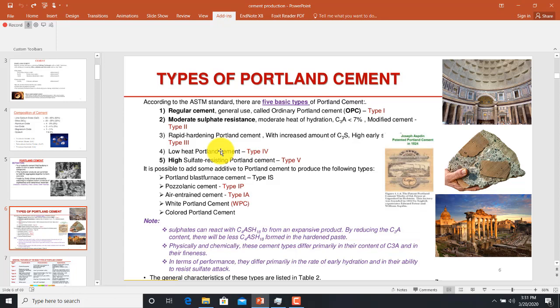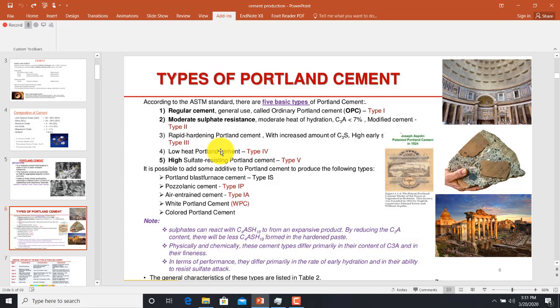It may have generated a lot of heat of hydration, so that it may have very high shrinkage cracks on the surface. So the durability is very low.